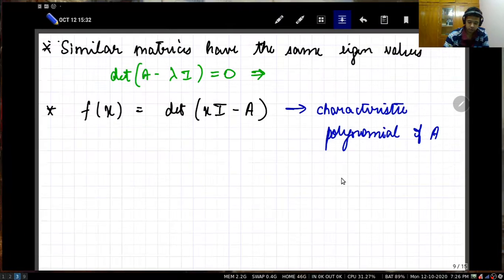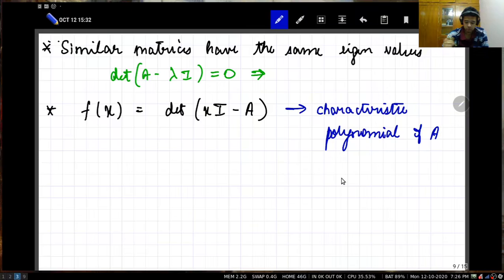So given a matrix A, we want to find out what the set of all eigenvalues are. So we know that lambda is an eigenvalue of A if the determinant of A minus lambda times I is equal to 0.